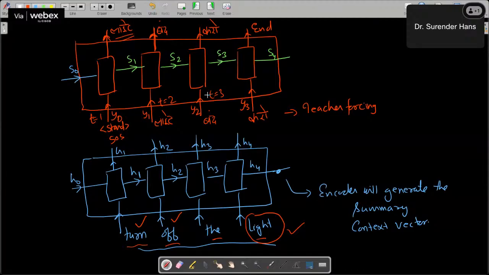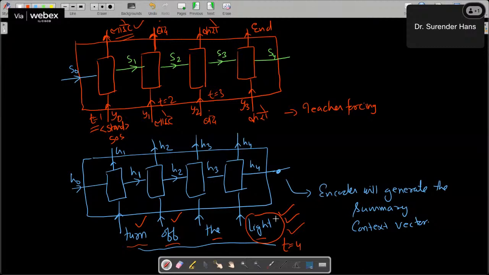Okay. So I mean to say that suppose you are at this time step t equal to 1 of this decoder, and you have to print this light. Then in some way you will have to pass this light information to the decoder. Means at t equal to 4, you have to pass this light, meaning in English, from the encoder.